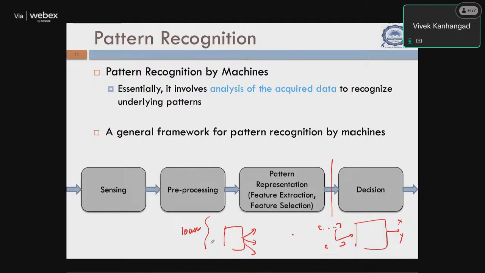Face recognition, based on the facial feature vector that we compute, can be seen as a 10 class classification problem. Given this feature vector input, the model predicts whether it belongs to this class, meaning this user identity, or this class, and so on. Or it can be 100 class or 1000 class, depending on the scale of the system.